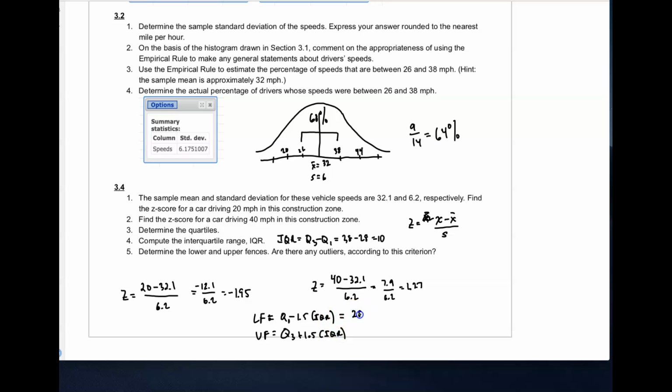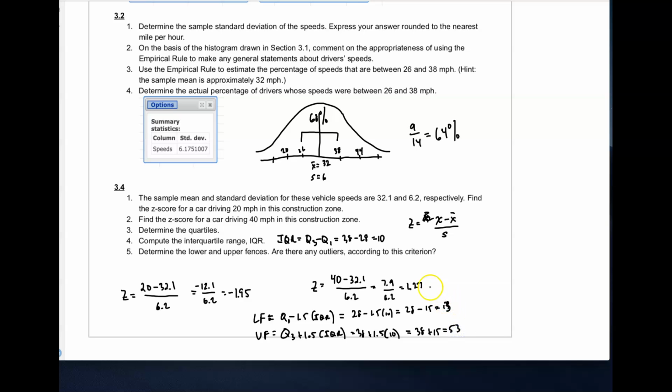In this case, it's 28 minus 1.5 times 10. This one is 38 plus 1.5 times 10. And so that's just 28 minus 15. So your lower fence is 13. Your upper fence in this case is 38 plus 15, and that equals 53.